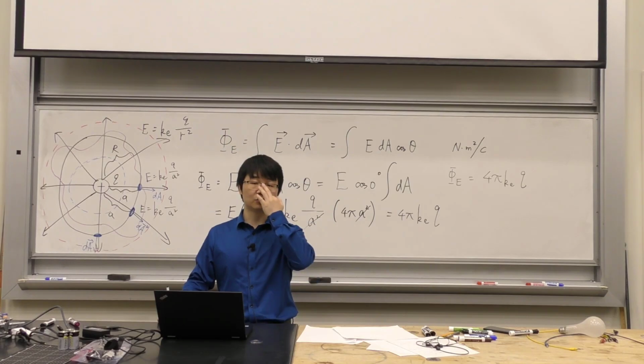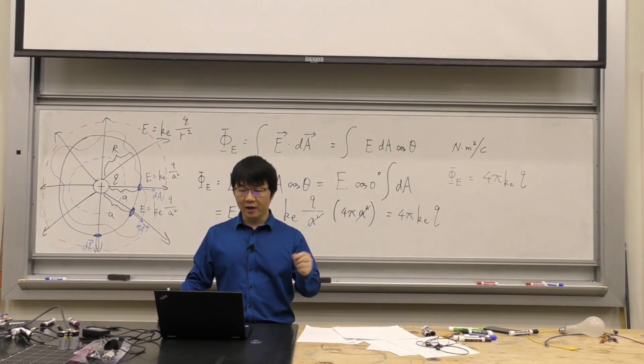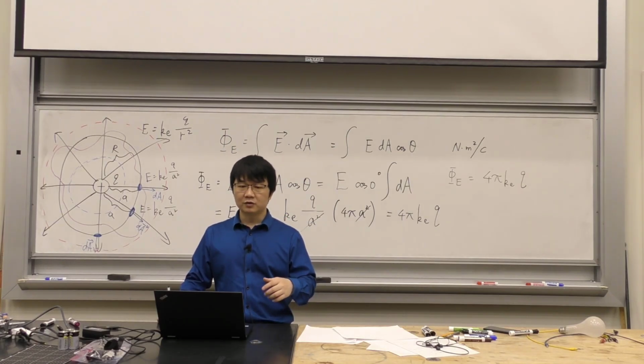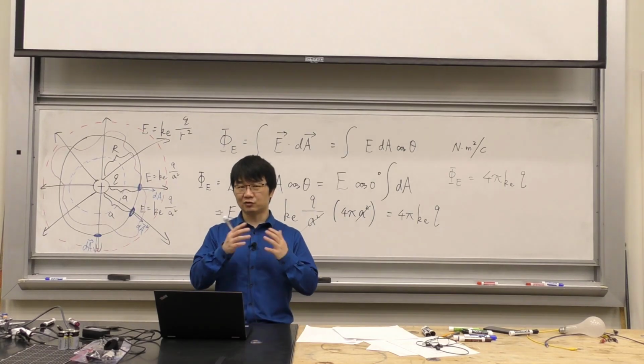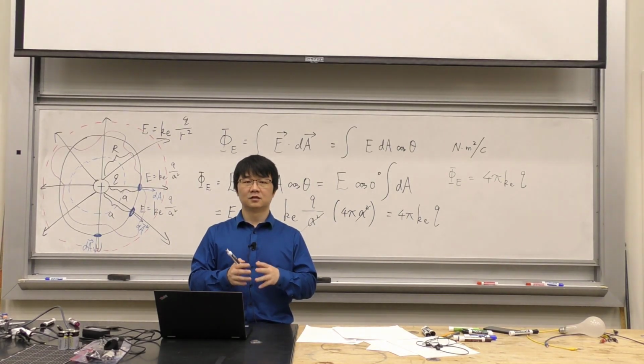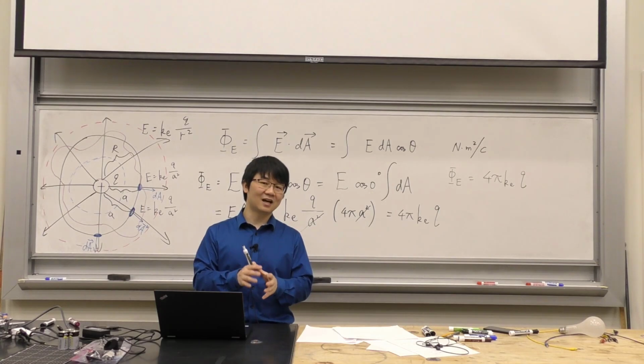So the charge has to be inside this surface, and then the surface can be totally crazy. It doesn't matter if it's spherical or rectangular, as long as it's a closed surface that has this charge inside.